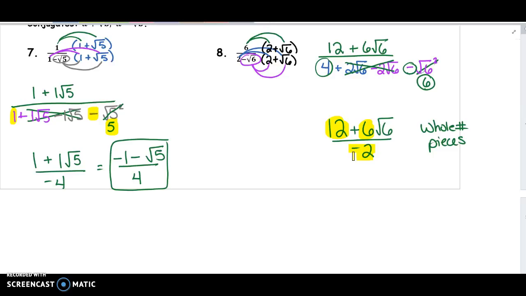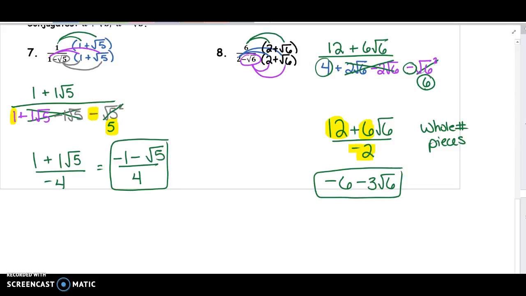Do those whole number pieces have anything in common? You can divide all of them by 2, which would get rid of that 2 on the bottom, which would further simplify your problem. But because there's a negative on the bottom, we're going to divide everything by negative 2. So 12 divided by negative 2 is negative 6. 6 divided by negative 2 is minus 3, and we still have that square root of 6.